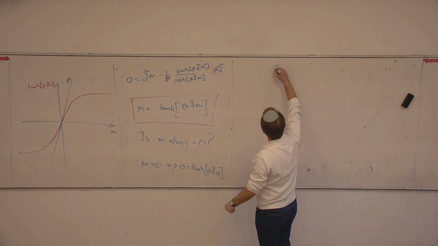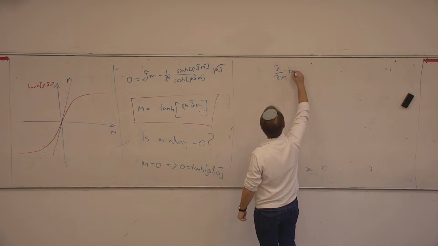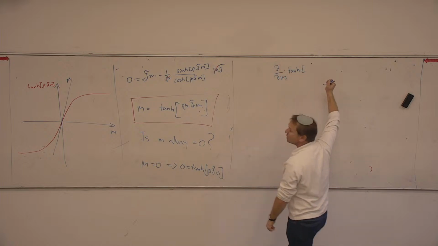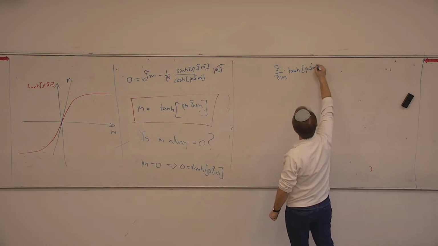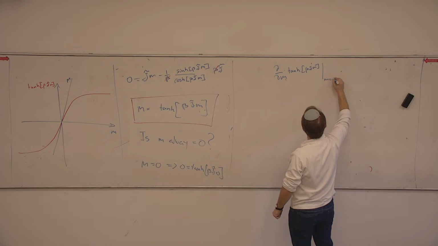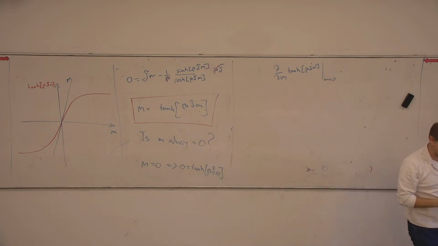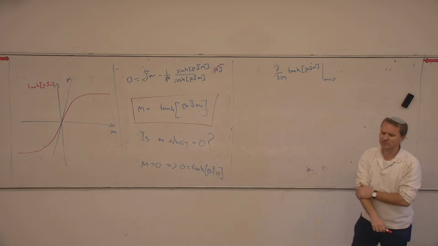So we're doing d/dm of the hyperbolic tangent of beta j tilde m, and we want to calculate the slope at m equals 0. What is the derivative of the hyperbolic tangent? Does anybody remember?